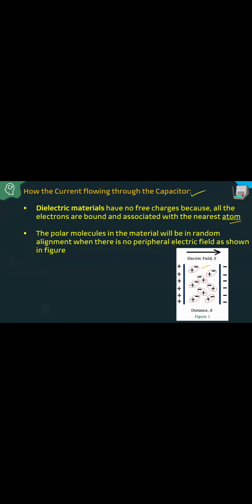The polar molecules in the material will be in random alignment, arranged in different fashions, when there is no external electric field as shown in the figure. If you don't apply any electric field, all these molecules are random in nature.